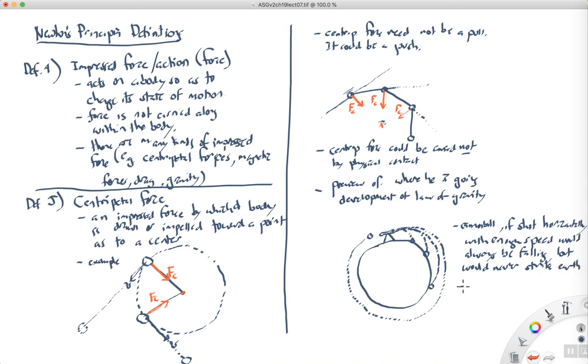It would be in orbit, so the cannonball would orbit the Earth.